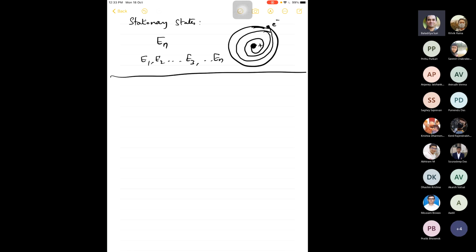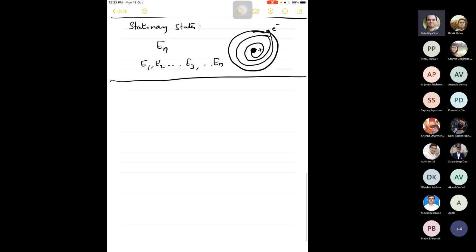So he latched on to this simple principle that, well, classically, let us take any quantity like, say, position. And this is described by some Fourier series, right?